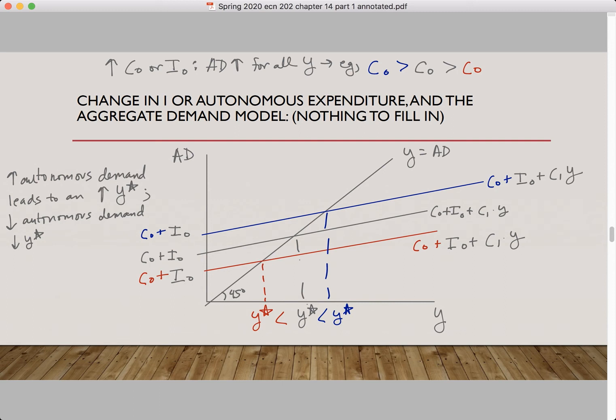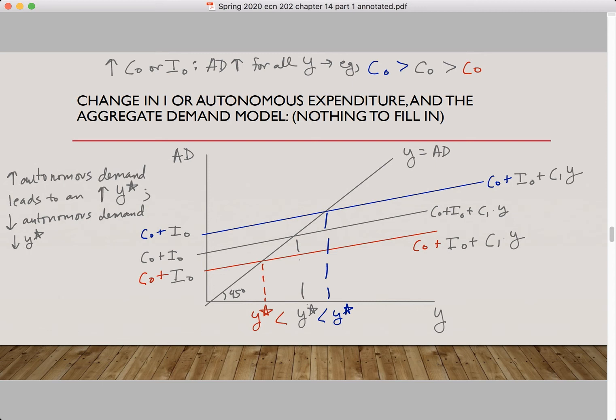And the neat thing about this model is that it helps us predict how a change in autonomous spending, so spending that has nothing to do with income, can ultimately affect overall GDP, can ultimately affect equilibrium GDP. So we start with our gray model, C0 plus I1. This is the middle line here.